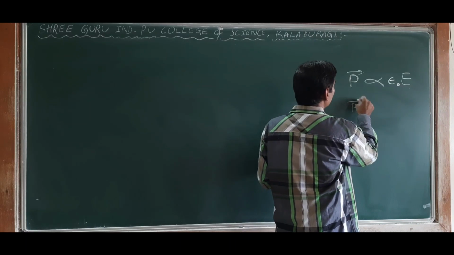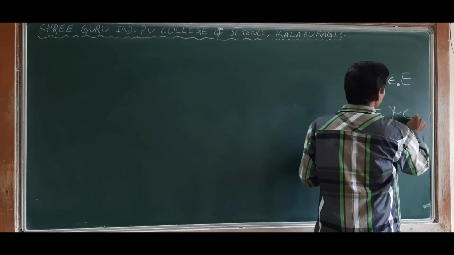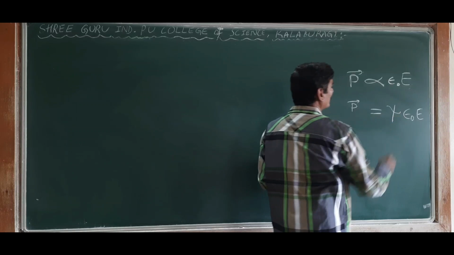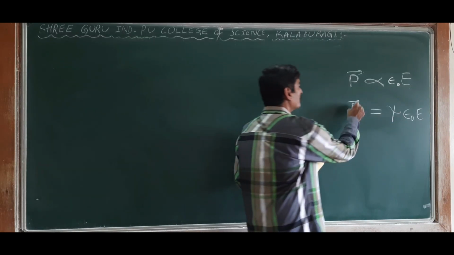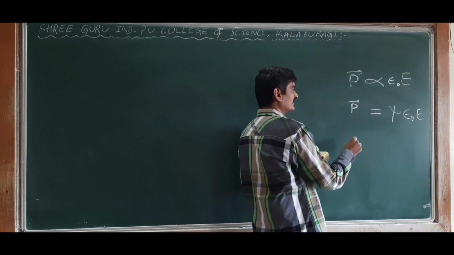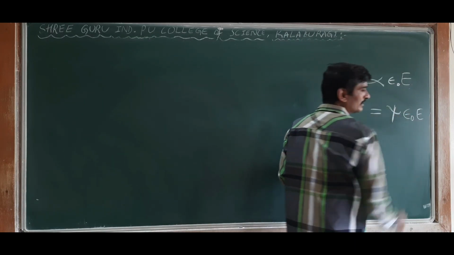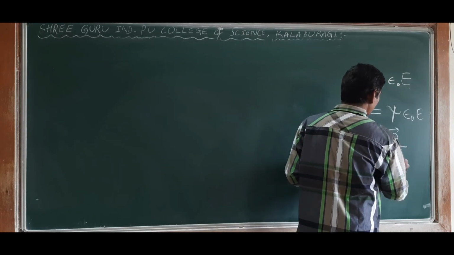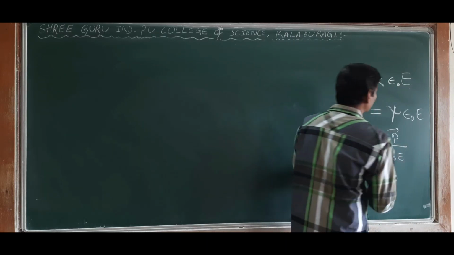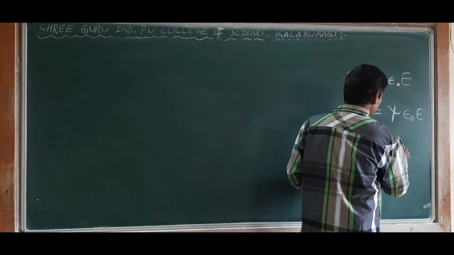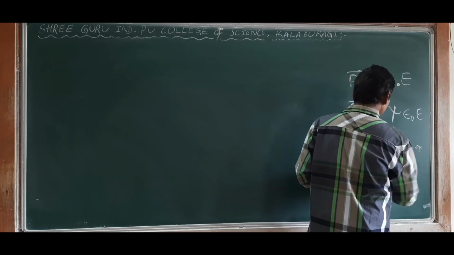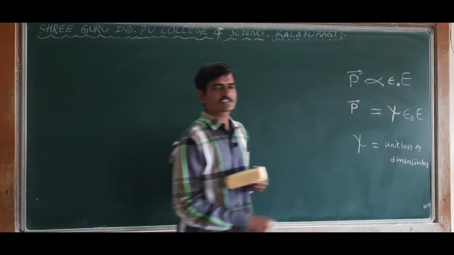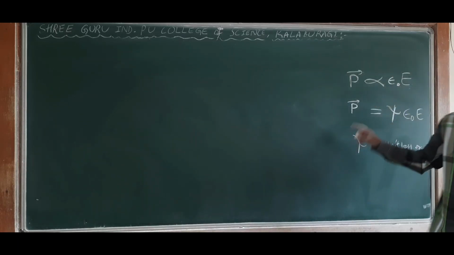So you can write vector P is equal to chi epsilon naught into vector E, where chi is called electric susceptibility. Chi is equal to vector P divided by epsilon naught E, and chi is unitless and dimensionless. This is the relation for polarization of a dielectric.